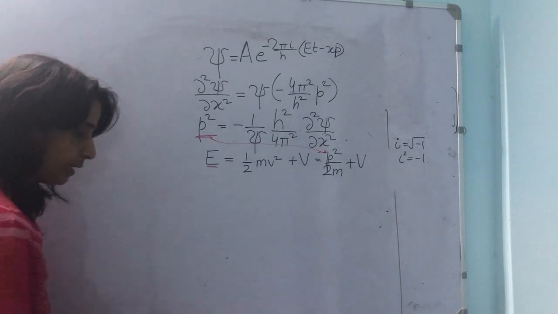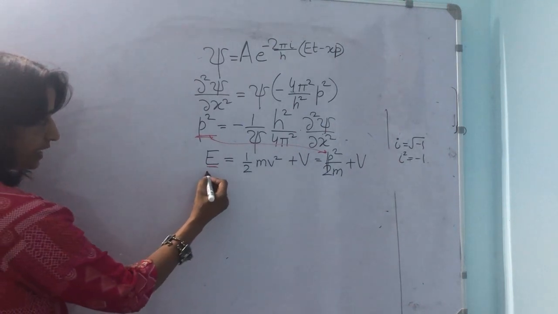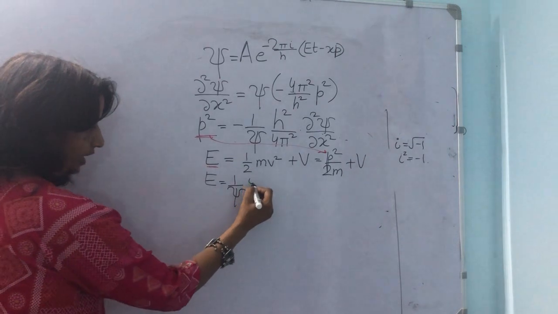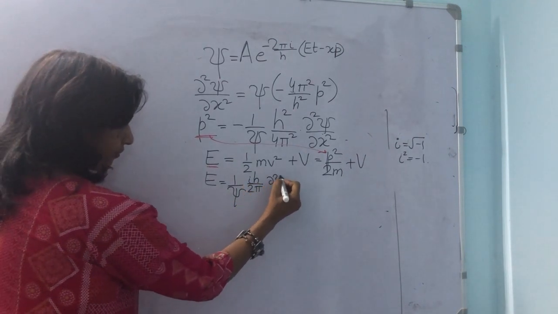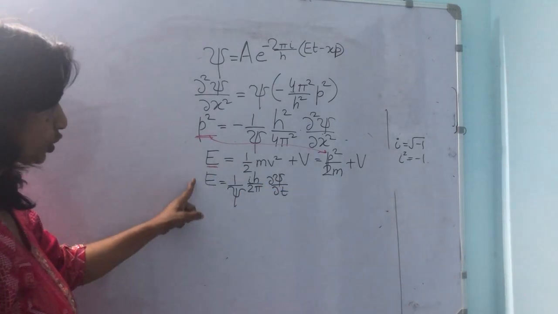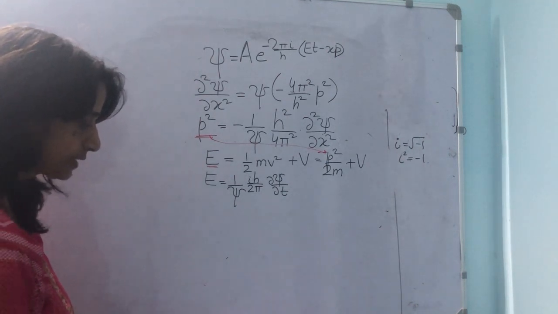E we had found as 1 upon phi i h upon 2 pi del phi by del t, and p square is this much. So we will put these two values in this expression.